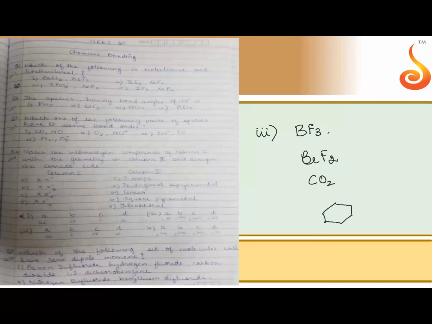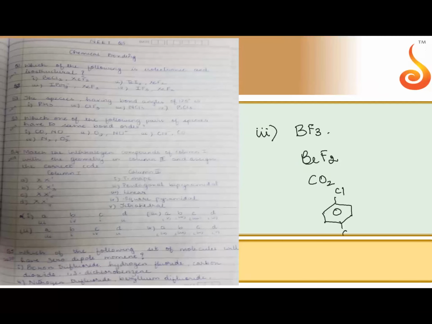Okay, I will write the options here because it'll be difficult for you to see. We are selecting here, and a few options are also there on the next page. So we are selecting option 3 because option C had boron trifluoride, beryllium difluoride, carbon dioxide, and 1,4-dichlorobenzene.